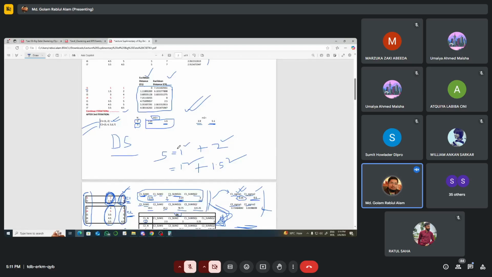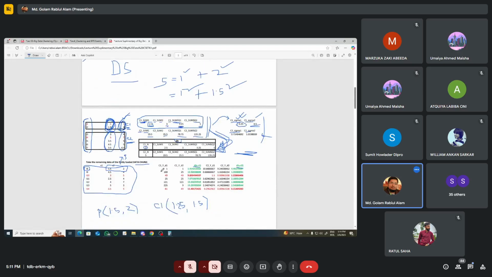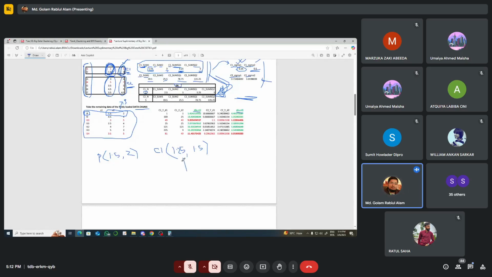We can also determine these values specifically using these statistics. So we already know that these are the cluster center for cluster 1.